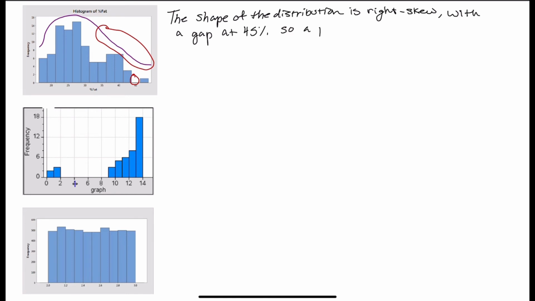So that means there is a possible outlier at approximately 47-ish%. It's in between 45 and 50, so we can kind of guesstimate a little bit out there.